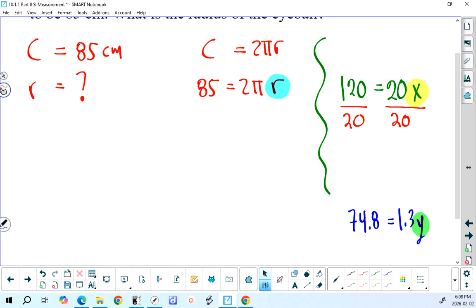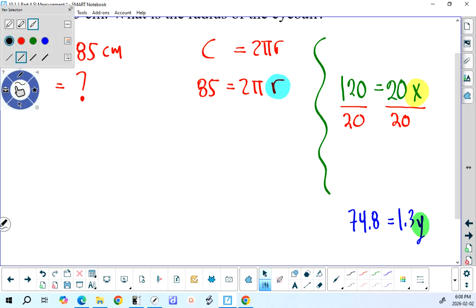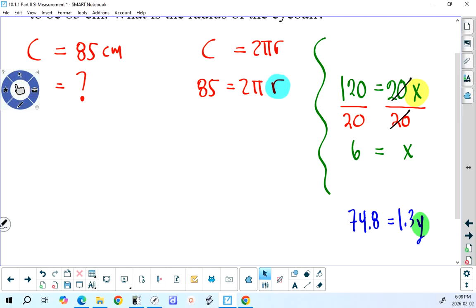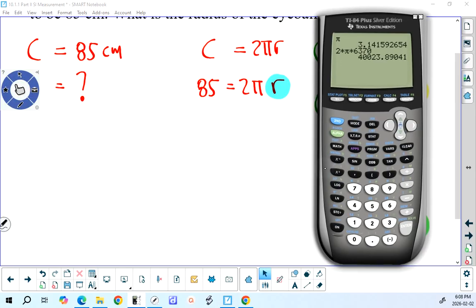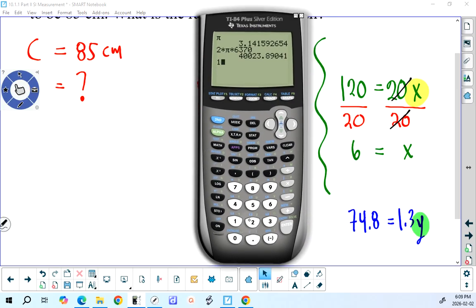And what good does that do? Well, what it does is these 20s cancel, and you're left with x equals, and you can figure out what 120 divided by 20 is. It's 6. And if you don't know that it's 6, this is the whole point, I suppose, you take your calculator and you go 120 divided by 20.